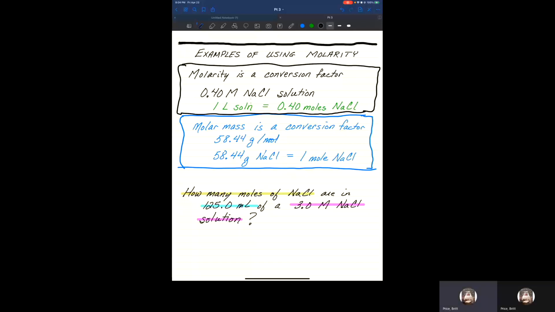I see this, the first thing that I think is, once again, 3.0 capital M, there's 3.0 moles NaCl in every 1 liter of solution.